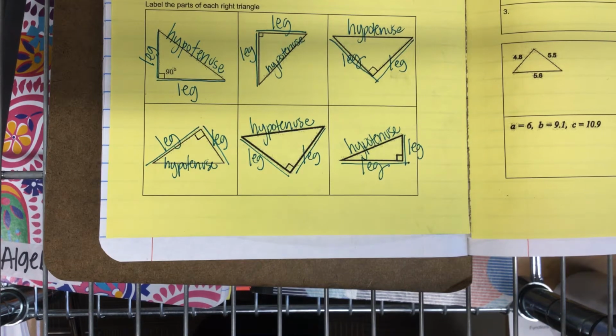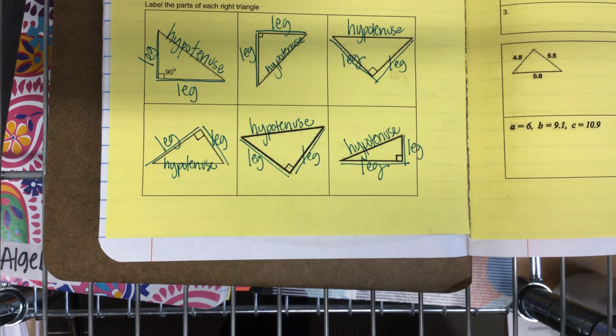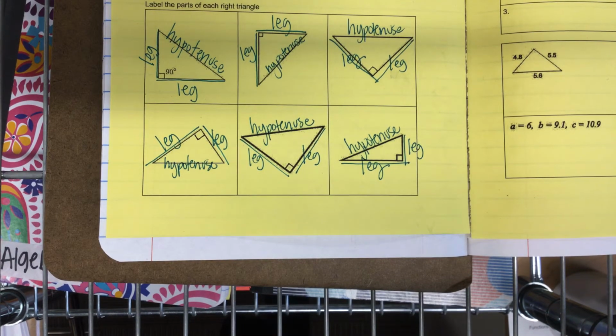Right. The identification part can be easy. Now we're taking it up half a notch, because it's not just going to be, can you name these pieces? Most of the time in math, we're going to have a measurement. They're going to give us numbers to work with.